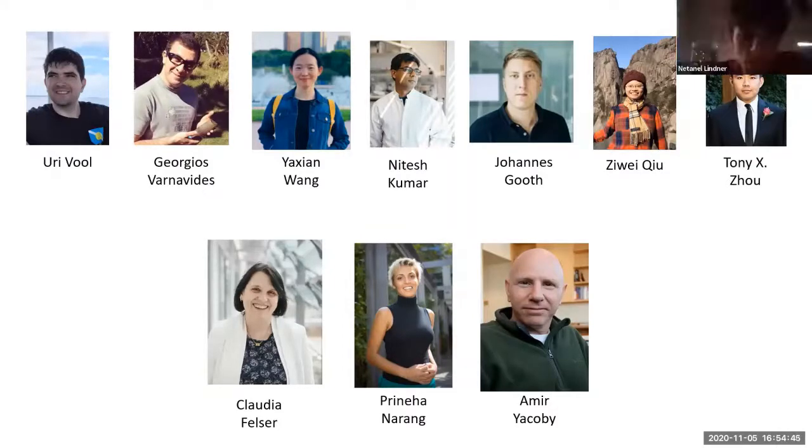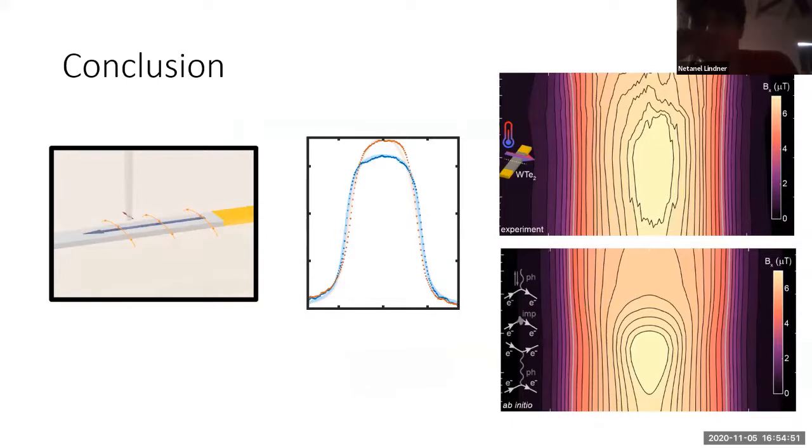Thank you very much. I have a question. So what's the size of the Fermi surface in these materials relative to the Brillouin zone? Yeah, it's not very large, because it has both electrons and holes.